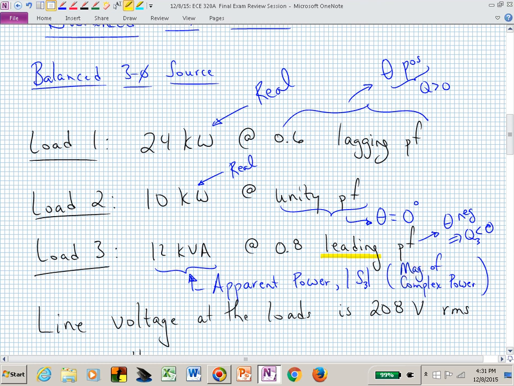Most of our industrial loads might be more inductive, and we may have to introduce capacitor banks or capacitors to try to take out some of that inductive power. We're trying to reduce this angle. Ideally, we would have that angle equal to 0. Then we would just be demanding from the power company power that we are physically using.